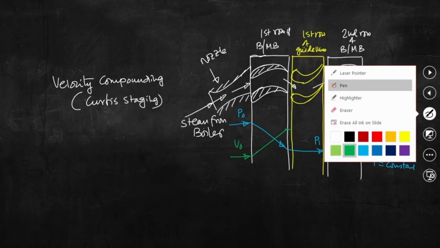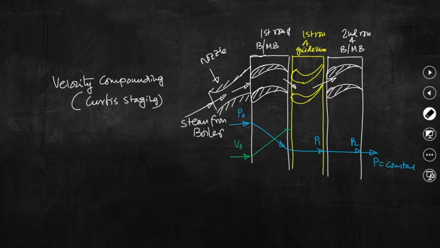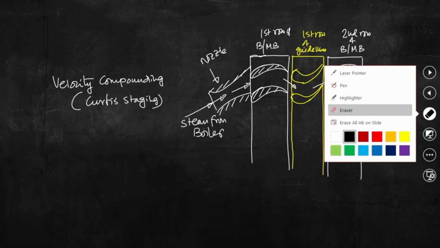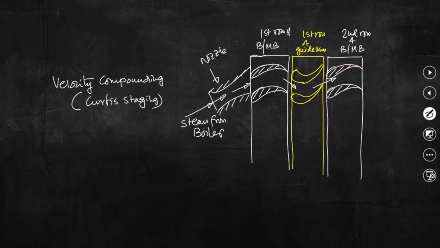This would be in the first row only. So, basically I have to draw this again. The steam pressure at the inlet to the nozzle is P naught, because this is the inlet.